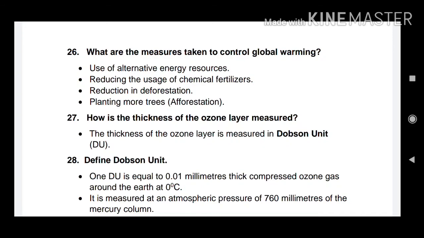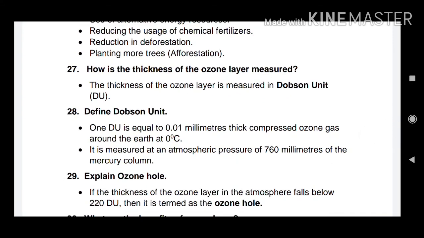The next question, how is the thickness of the ozone layer measured? The thickness of the ozone layer is measured in Dobson unit, which is abbreviated as DU. Next one, define Dobson unit. 1 DU, in other words Dobson unit, is equal to 0.01 millimeters thick compressed ozone gas around the earth at 0 degrees Celsius.